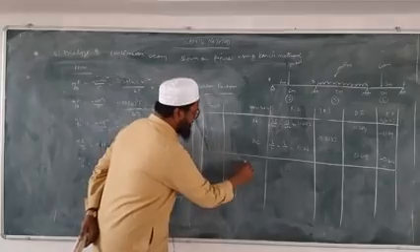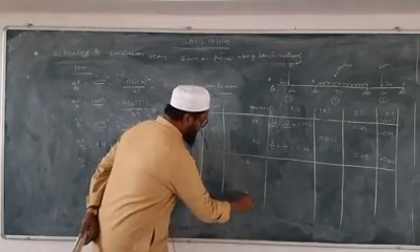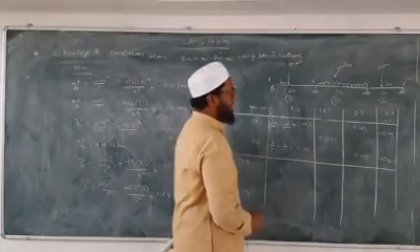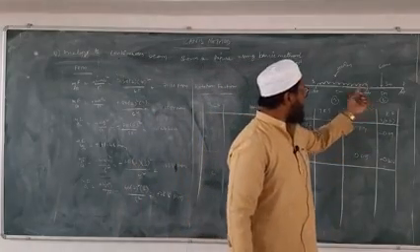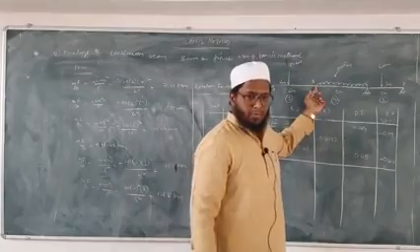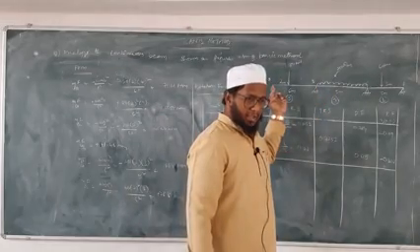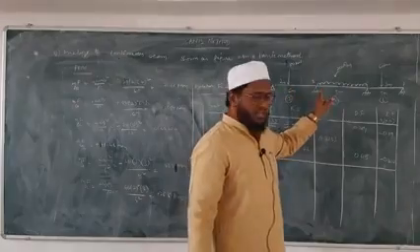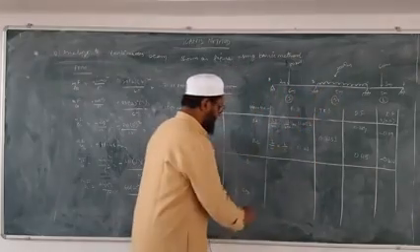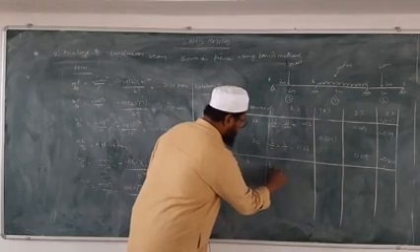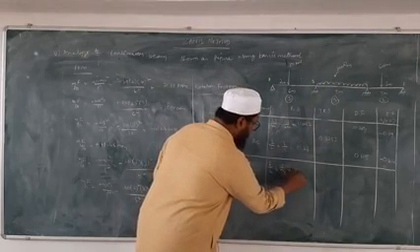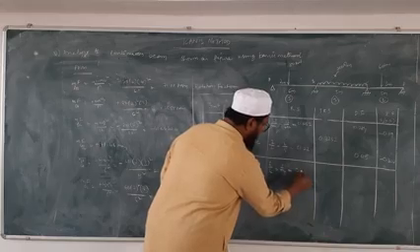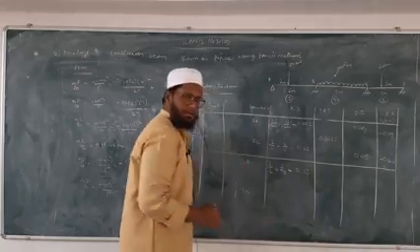Now, what is the next joint we have? C, that is CB and CD. See here, from C to B we have a hinge support, but we have one more support beyond B, isn't it? So we'll treat this as fixed. So I by L, I by 5, which is equal to 0.2I. Okay.